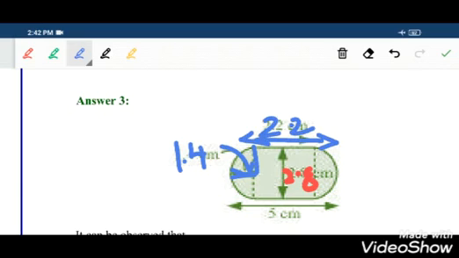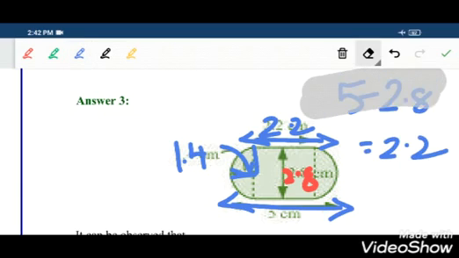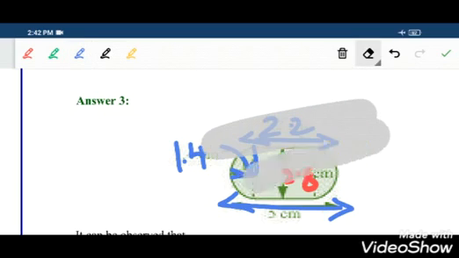How does that happen? The total length of the gulab jamun is 5, so we subtract 5 minus 2.8, which is equal to 2.2. This is the height of the cylindrical part.